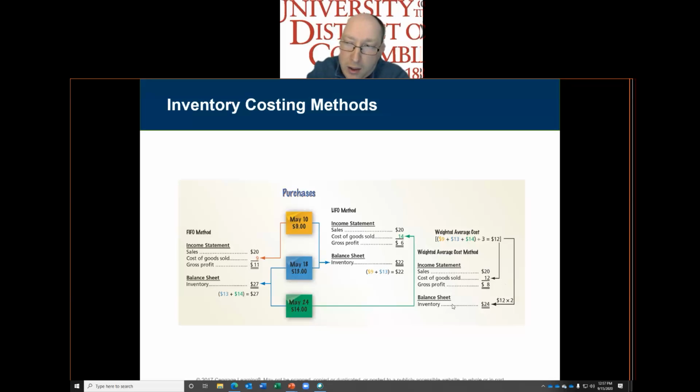So, for those of you on the call, let me ask you this question. For this particular company, which method would be best for this company to use? What do you think? Would it be first in, first out, last in, first out, or weighted average?